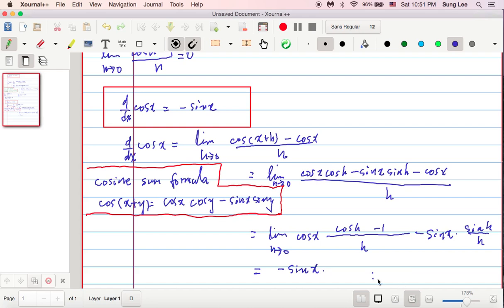Therefore, now we found d by dx cosine of x equals negative sine x. Once we have the derivatives of sine of x and cosine of x, the rest can be found by using either the baby quotient rule or the quotient rule. Okay.